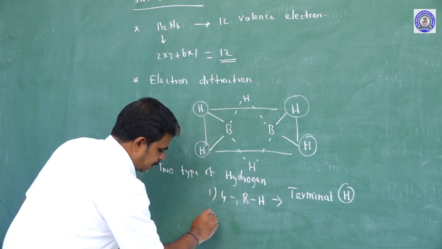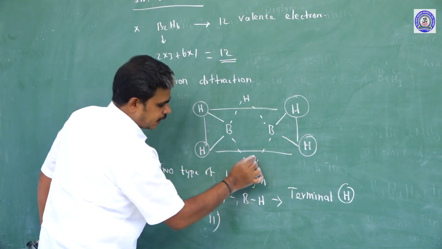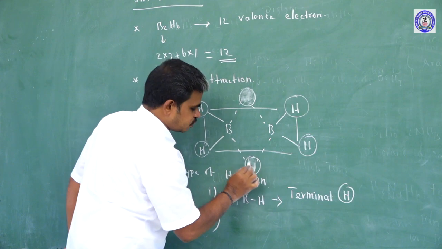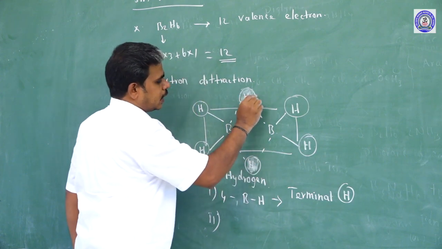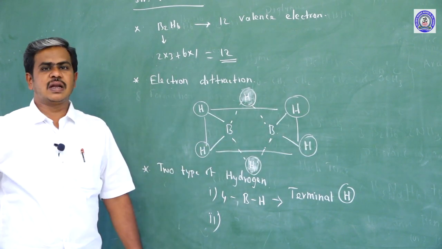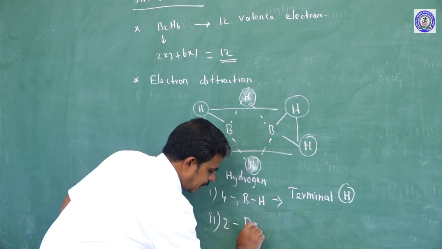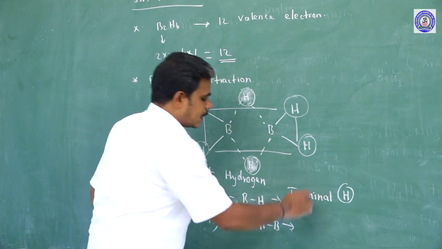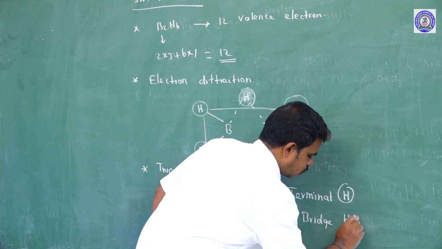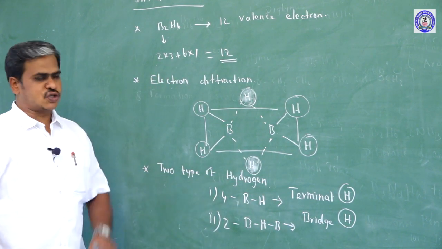And another type of hydrogen, what is it? Here BHB. This is the BHB bond, that is hydrogen and here hydrogen. These two hydrogens are not terminal, so they are bridging hydrogen. So there are two types of hydrogen: terminal hydrogen and bridging hydrogen.